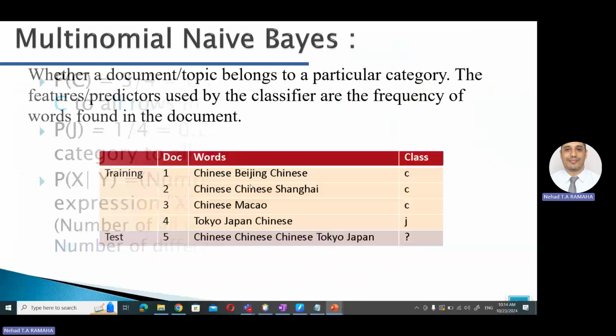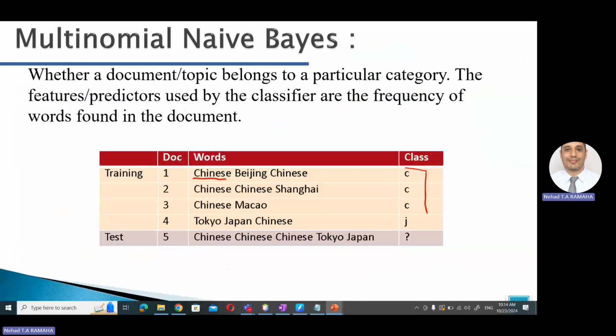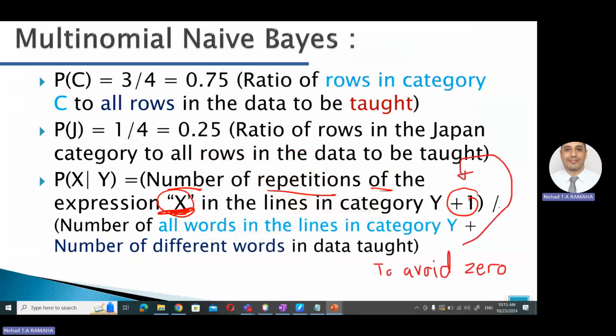We have 1, this is category C, yes. So in category C, we have 1, 2, 3, 4, 5. Yes? So 5 plus 1. This is the rule. Yes? How many times it's repeated with the category? Plus 1. Divide by number of all words in the lines in category Y.